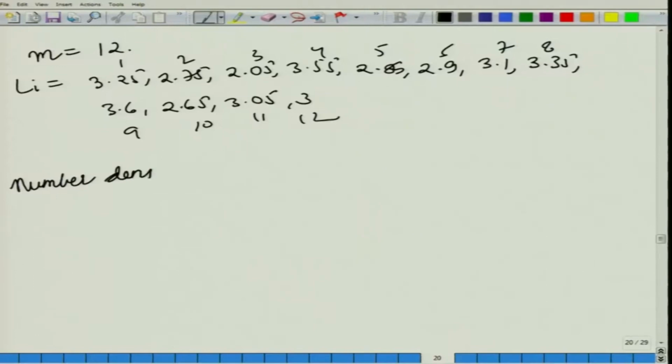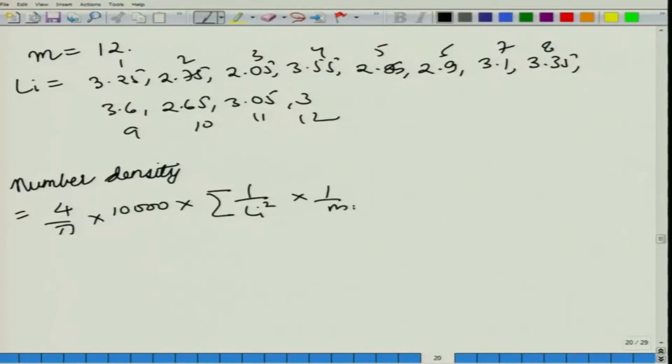Number density is given by 4 by pi into 10,000 into sum over 1 over Li square into 1 by m, that we have already calculated previously. So, what is this?